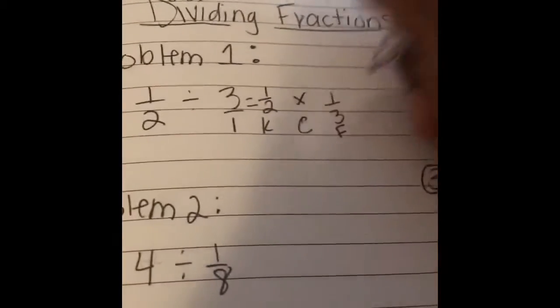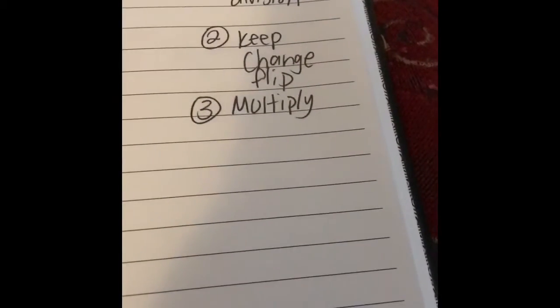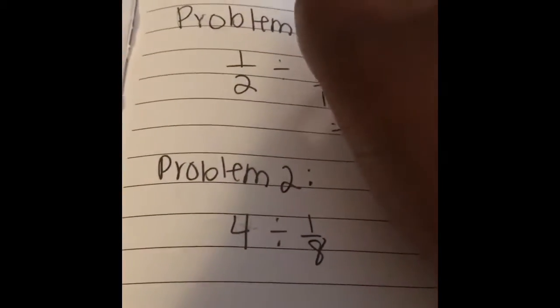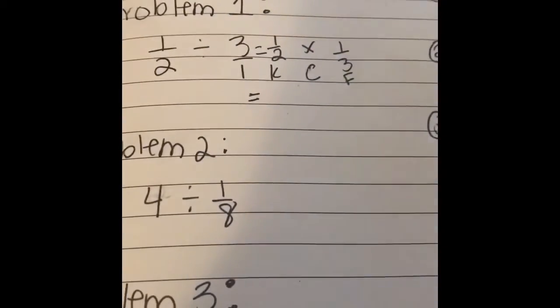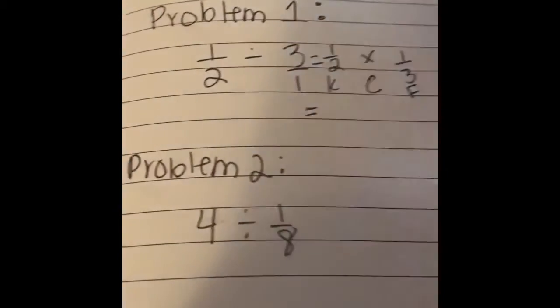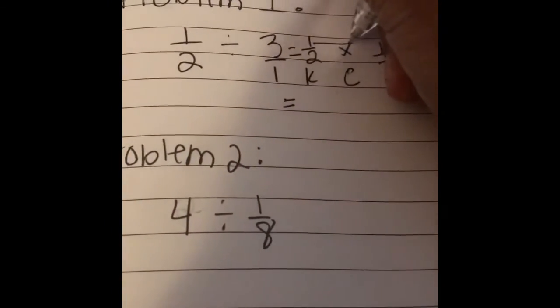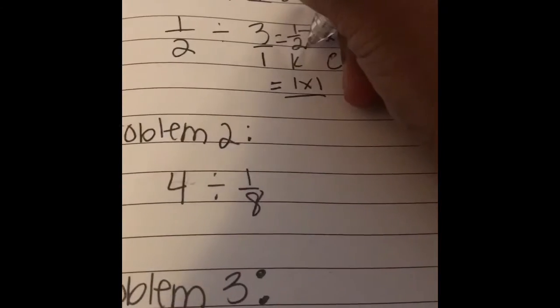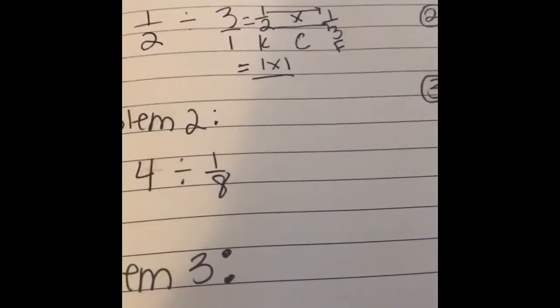So then our step number 3, our last and final step, is we're simply going to multiply straight across. Whenever we have a fraction, we're multiplying straight across. So we're going to do 1 times 1, and then 2 times 3.